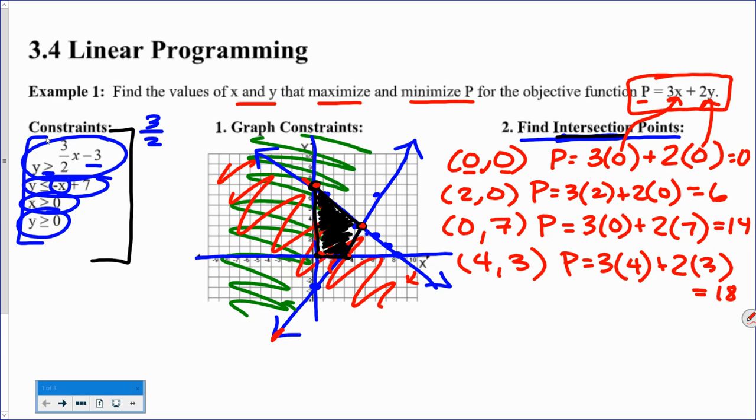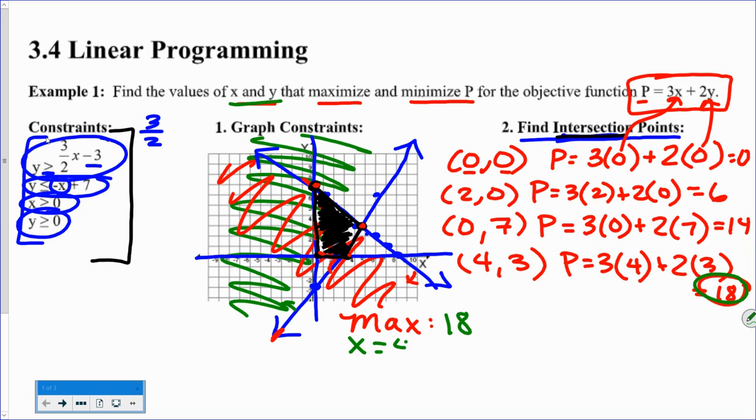All right, so this problem asked us the x and y value to maximize and minimize p. So if I'm trying to find the maximum, the value is 18. That is the largest value. And what are the x and y values that would give us 18?